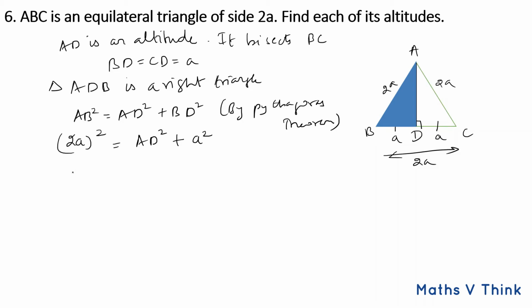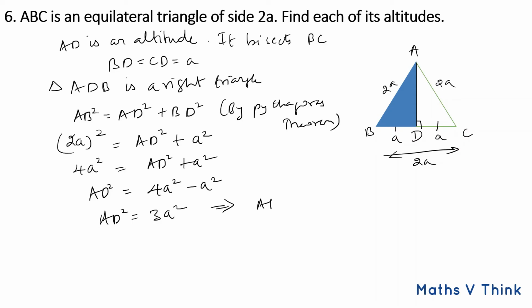So 2a the whole square is 4a square, equal to AD square plus a square. So AD square is equal to 4a square minus a square, taking a square to that side. So AD square is equal to 3a square, which means AD is equal to root of 3a square. So AD is equal to root 3 a, as the square root and square get cancelled.